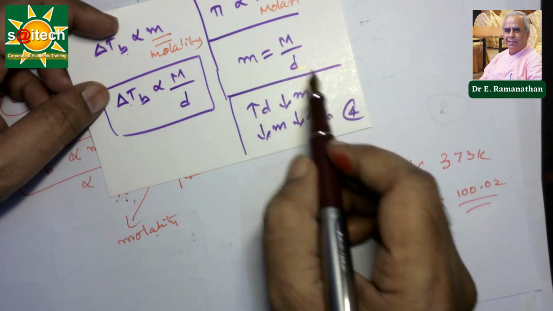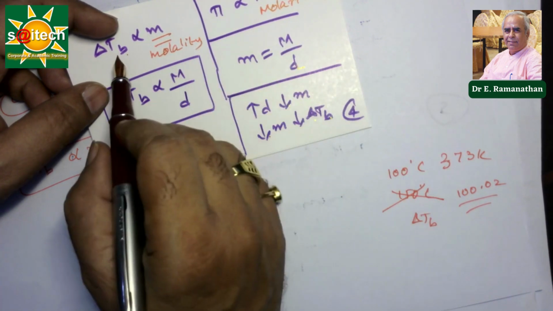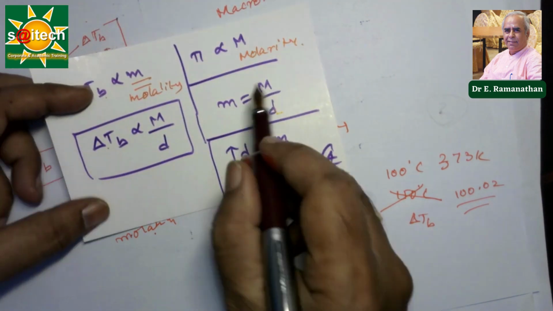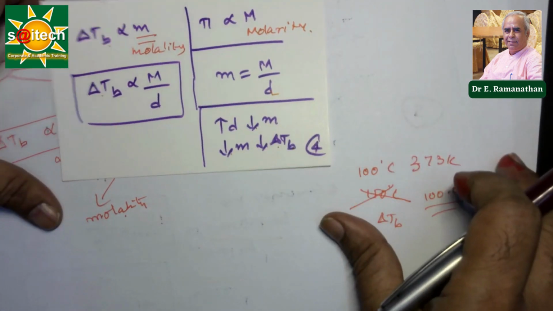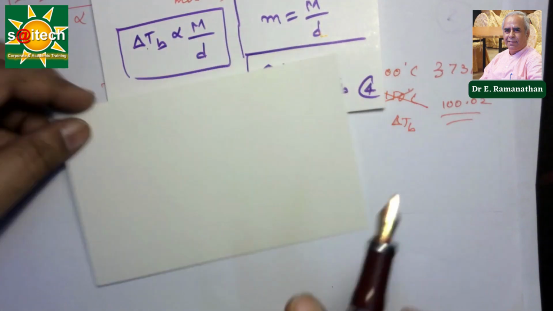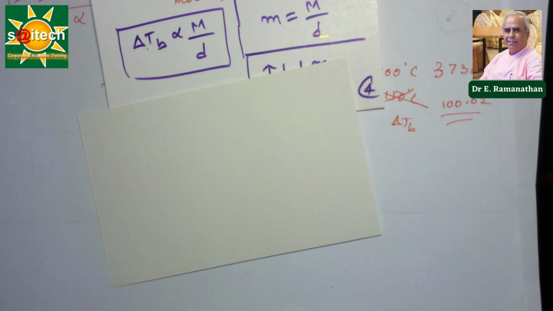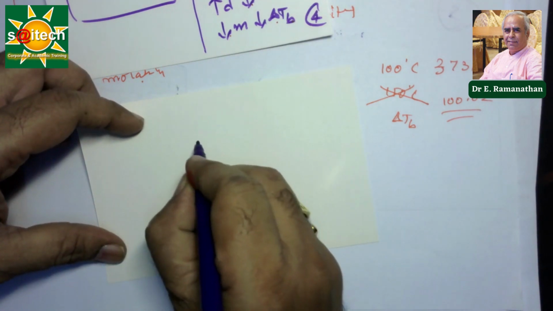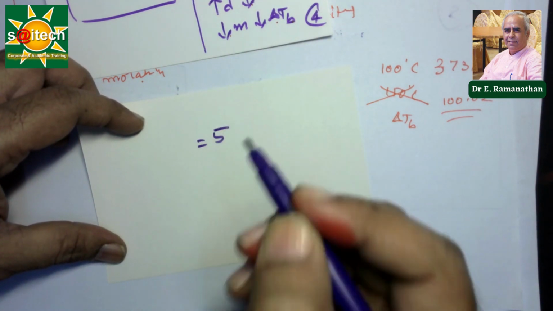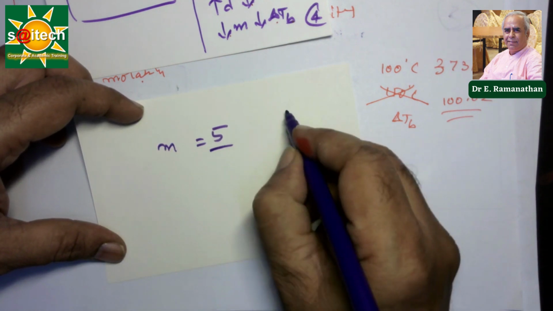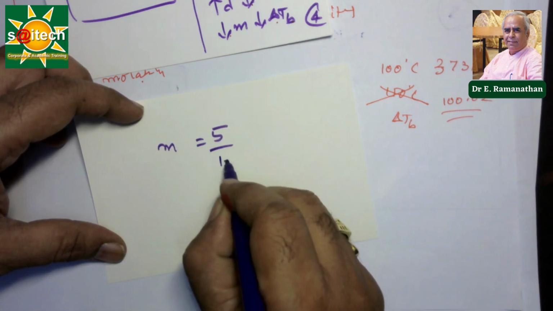You may wonder how this molarity and molality differ. For example, let me work out. So what is the formula for this? This is m is equal to M by D. I will calculate like this. For example, let me say molarity is 5 moles and we are calculating m, and the density of the solution is say about 1.25.